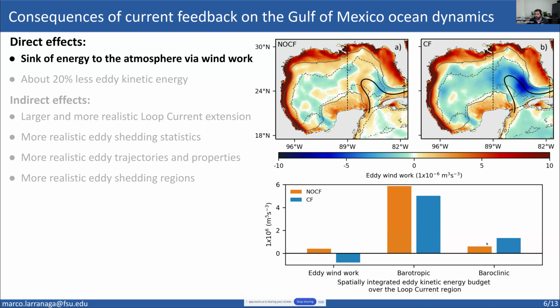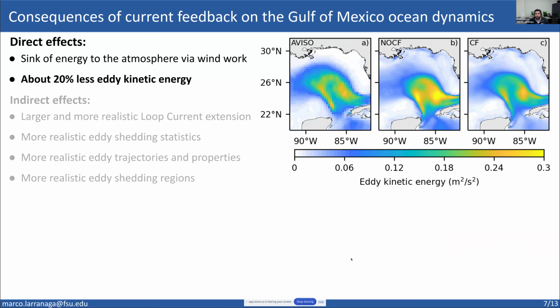So we are going to have larger baroclinic instabilities. But the differences in barotropic and baroclinic instabilities, I mean, they got canceled. So the difference in the production of eddy kinetic energy is mainly related to the geostrophic eddy windwork. So by changing that, we change the eddy kinetic energy as we see here.